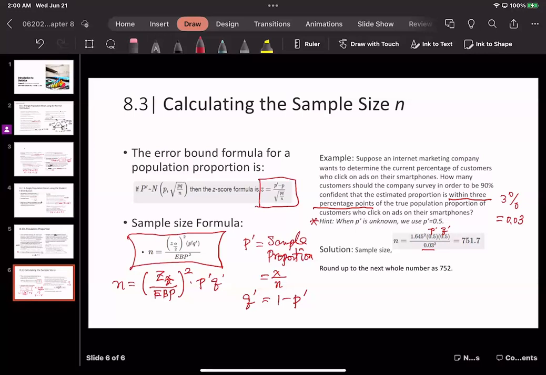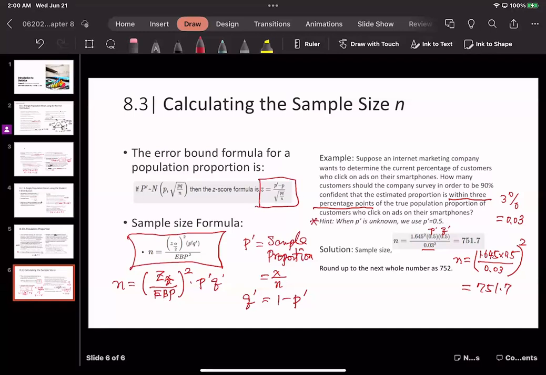If you don't like to square so many times, this expression can be written as 1.645 multiplied by 0.5 divided by 0.03, the whole thing in parentheses squared. That brings you the same answer, 751.7.